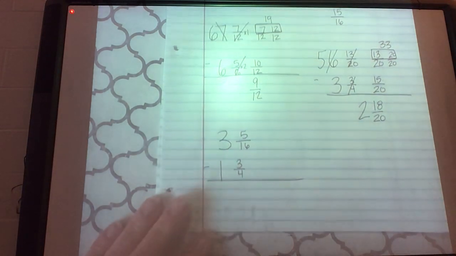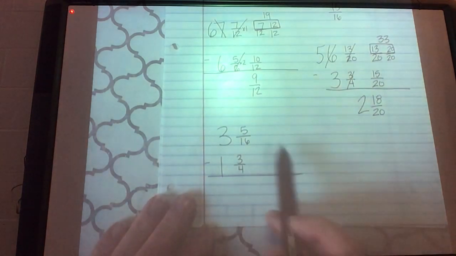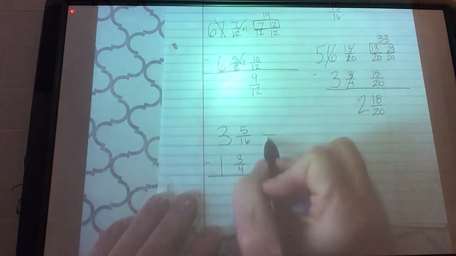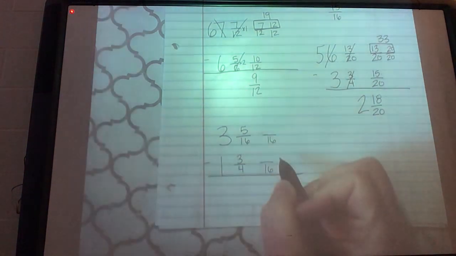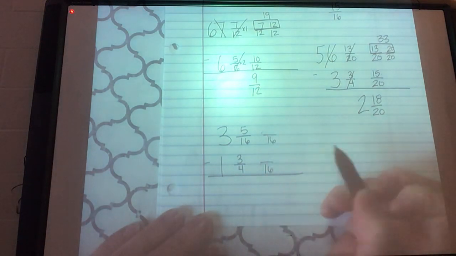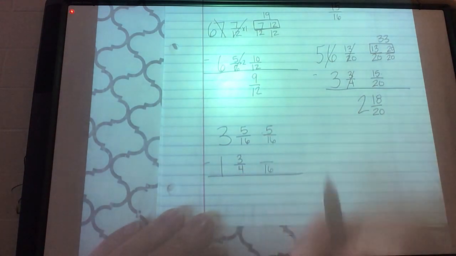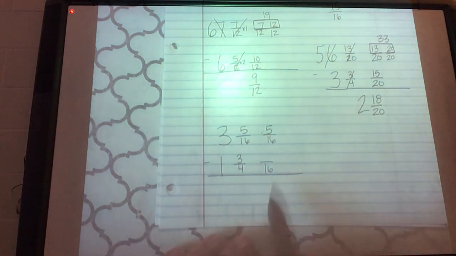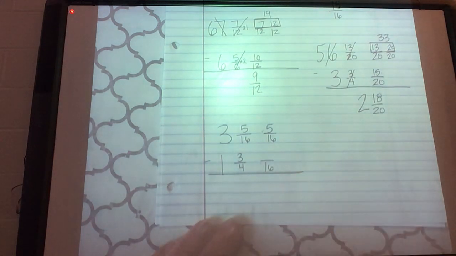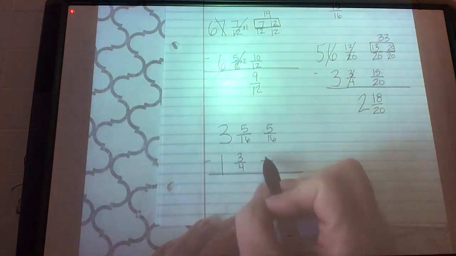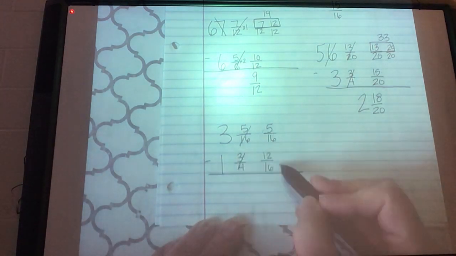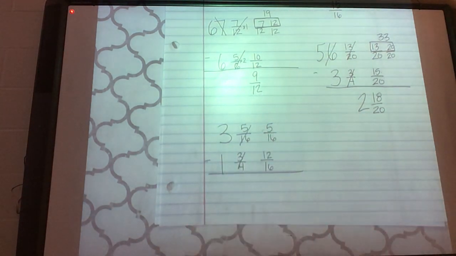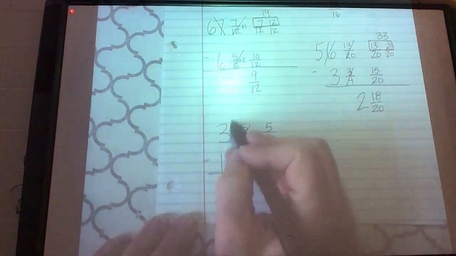All right, what is my denominator going to be? 16. What is this numerator? 5. And this numerator? 12. Can I have 5 minus 12? No. So go here, regroup.